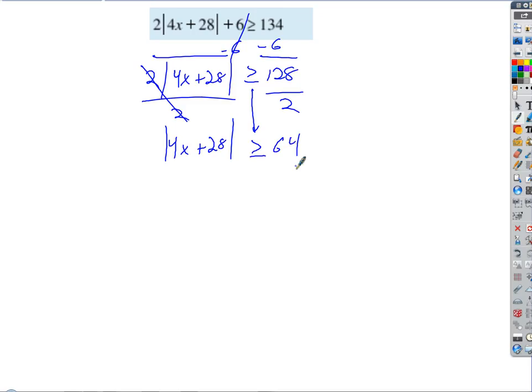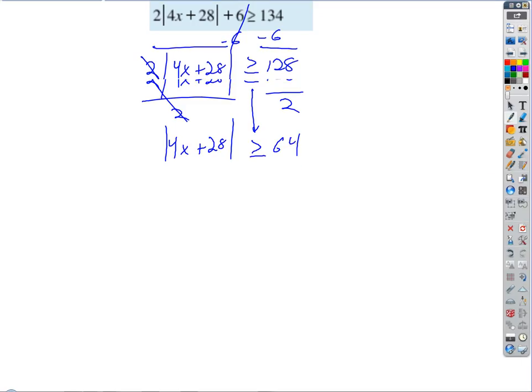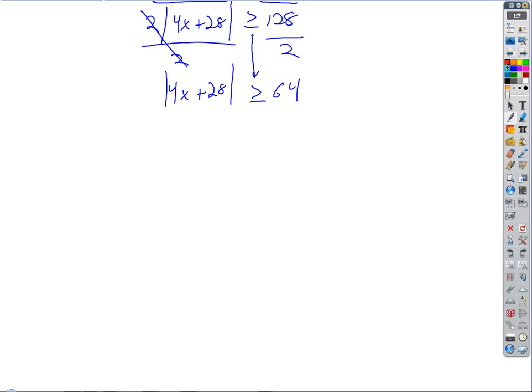So we can make our trade, and we end up with whatever's inside, because I've got an absolute value being greater than a number. Whatever's inside is either going to be greater than or equal to positive 64, or whatever's inside is less than or equal to negative 64.